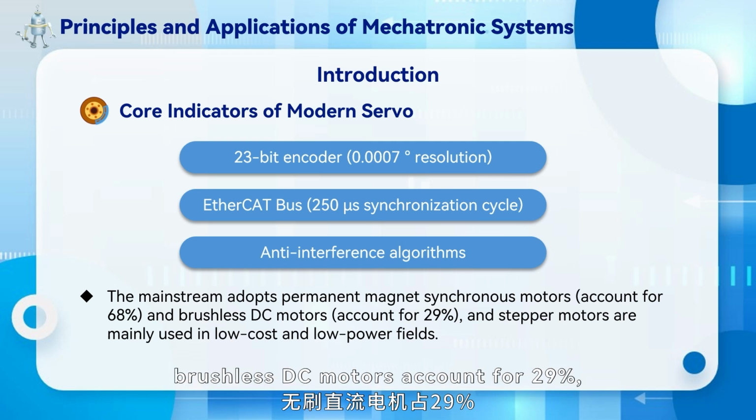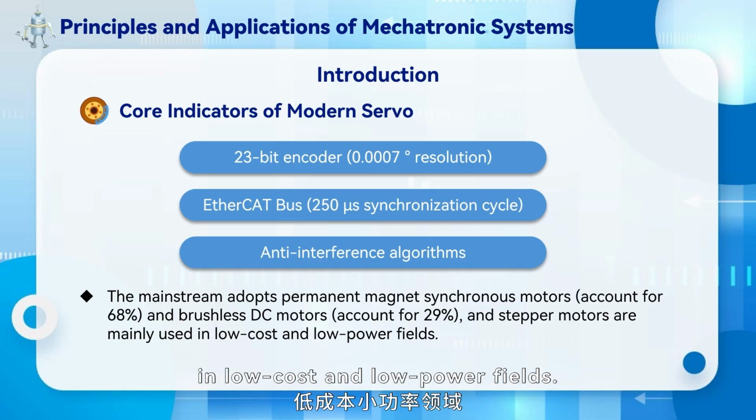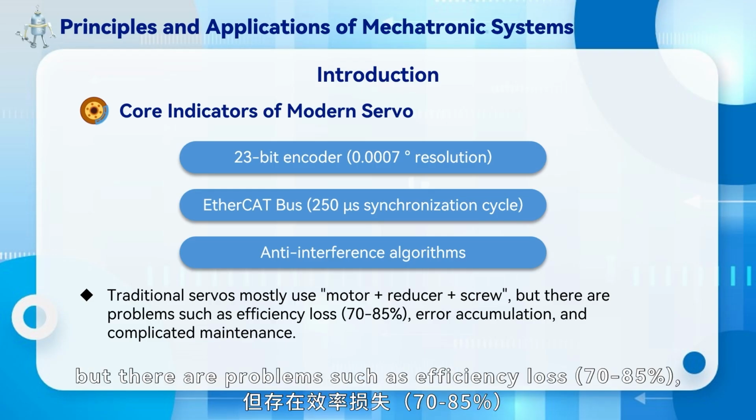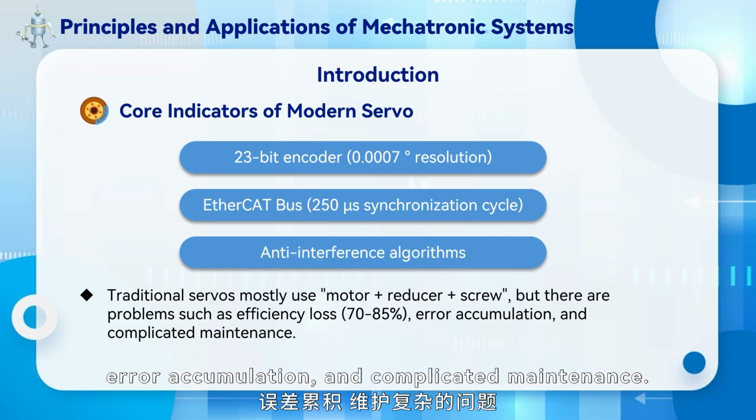Brushless DC motors account for 29%, and stepper motors are mainly used in low-cost and low-power fields. Traditional servos mostly use motor plus reducer plus screw, but there are problems such as efficiency loss of 70 to 85%, error accumulation, and complicated maintenance.